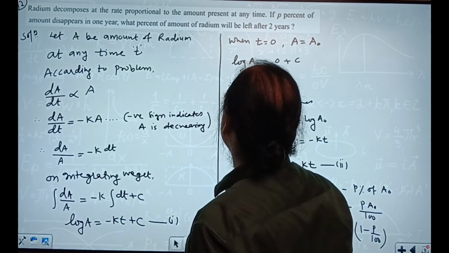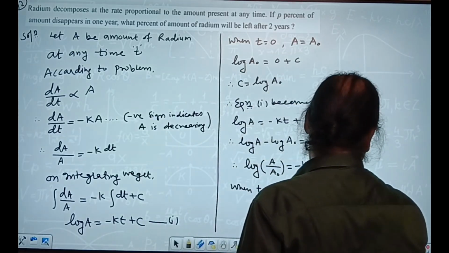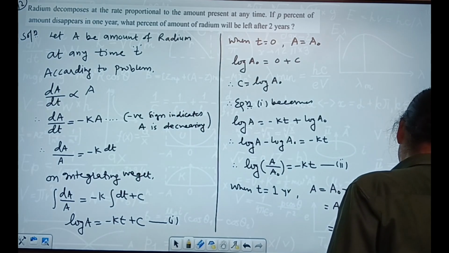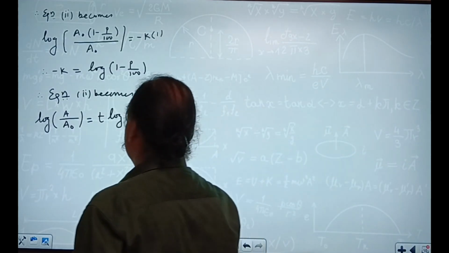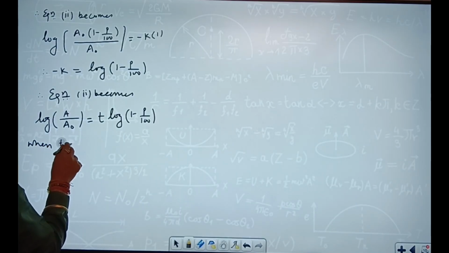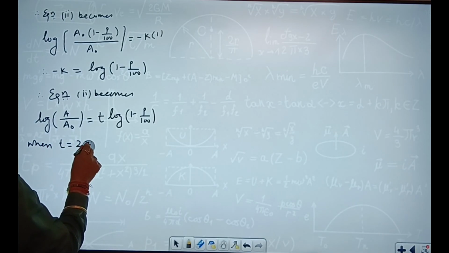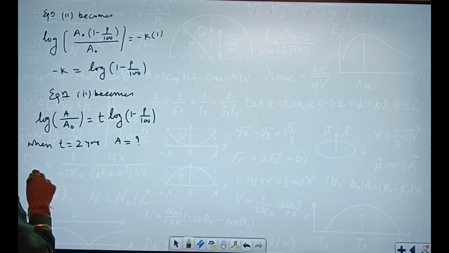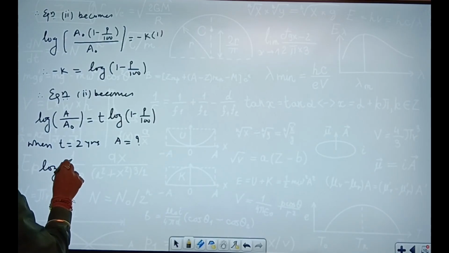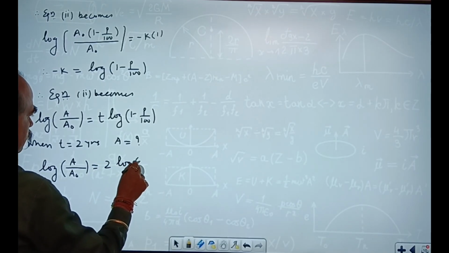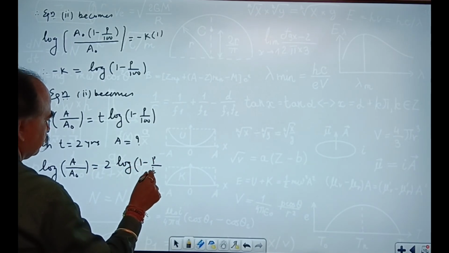What percent of the amount of radium will be left after 2 years? When t is 2 years, A we have to find out. So log of A upon A0 is 2 log 1 minus P by 100.